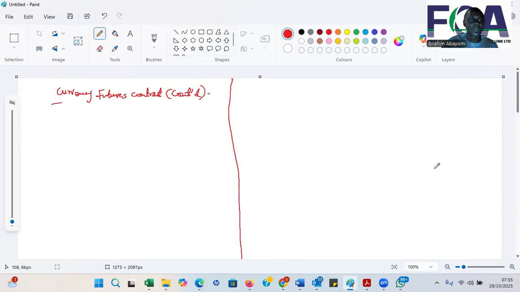Now, there are two markets that you are going to be dealing in when you are hedging using futures contracts. Two markets. One, you are dealing with the spot market.